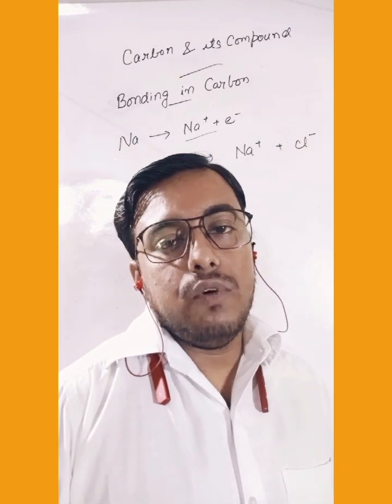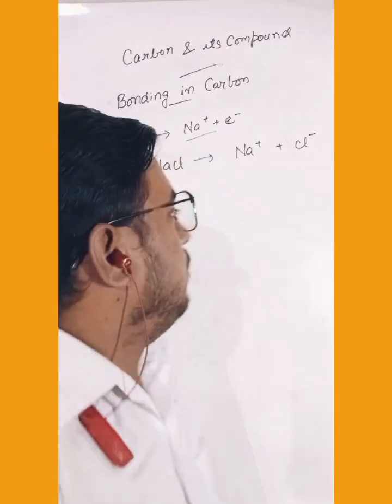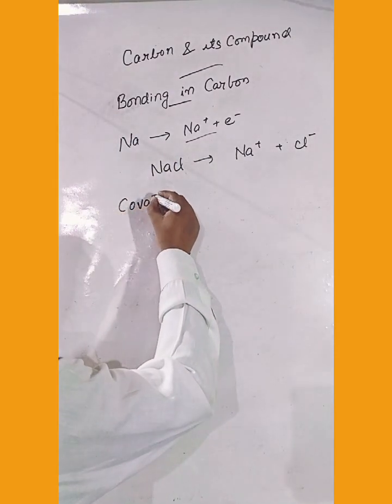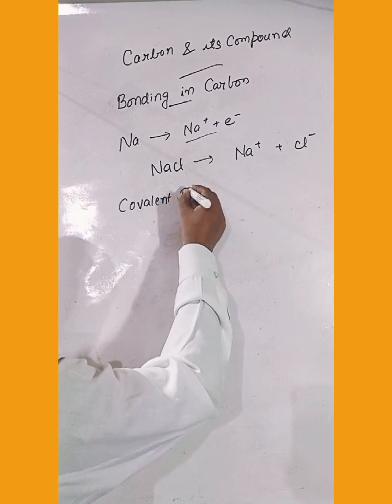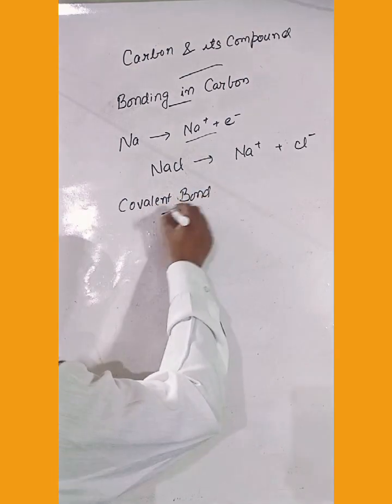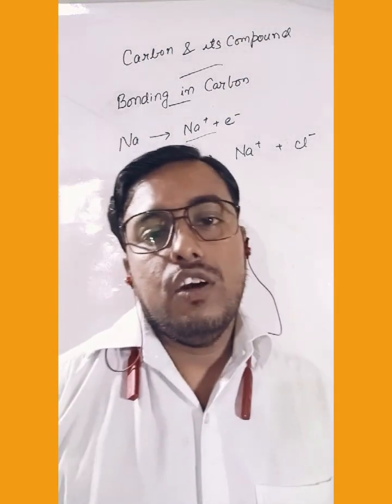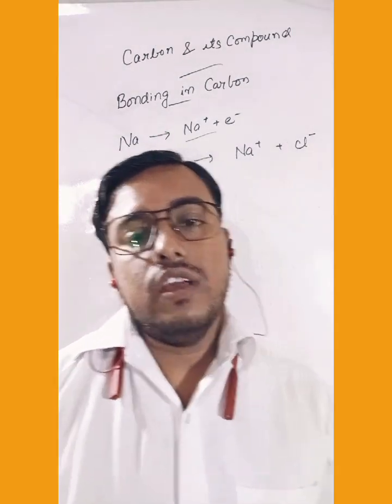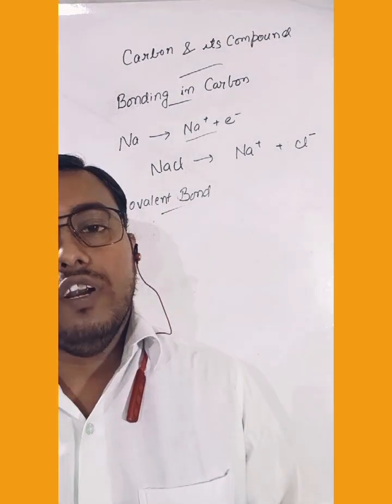But now the second type of bond, which we have to learn, is the covalent bond. In a covalent bond, the sharing of electrons takes place. You have learned about the octet rule.